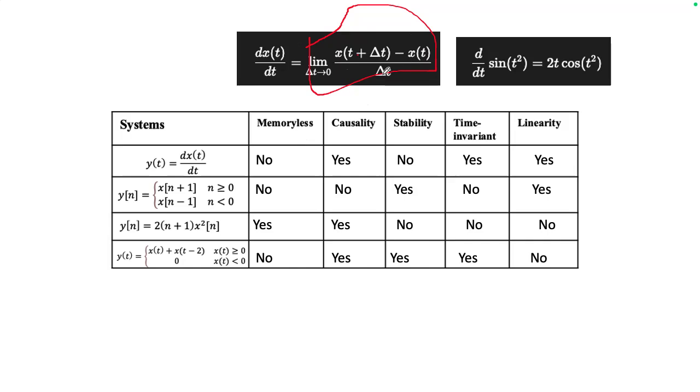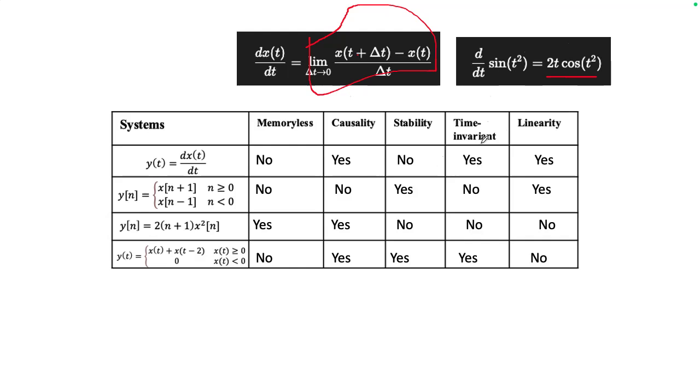It will not involve the future, so it will be causal. Am I right? And it will not be stable because you can see there is an example. If your signal is t square, you can get this equation. Am I right? Which means as t increases to infinity, your output goes to infinity. Am I right? Yeah. So which means this is not stable.